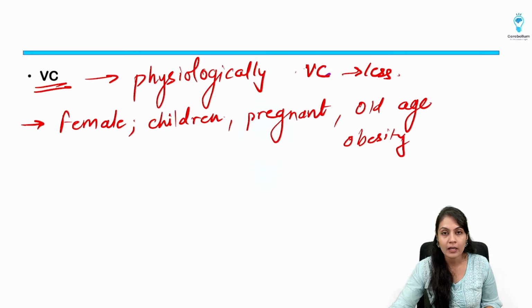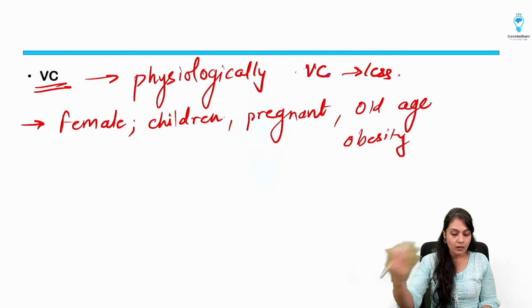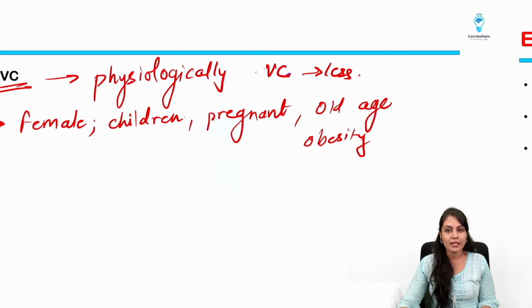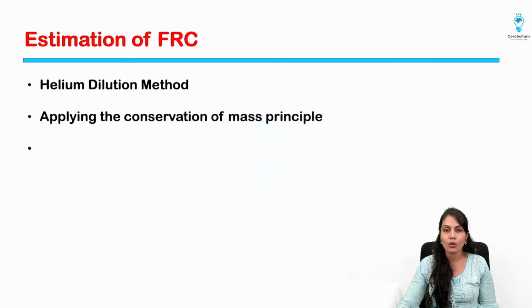Fat won't help us in the integrity of the muscles, right? And that's why it is going to take up space but not give us any strength to contract the muscles. So pathologically there are many conditions which are going to have a lesser vital capacity. We don't have much time, so we are just going to hurry up.